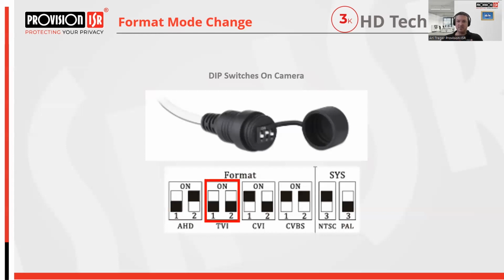For TVI, both dip switch 1 and 2 must be in the off position. For CVI, dip switch 1 must be on and dip switch 2 must be off. And for CVBS, dip switch 1 and 2 must be in the on position. When you change the dip switch settings, the camera will briefly turn off and then power back on using the newly selected technology.